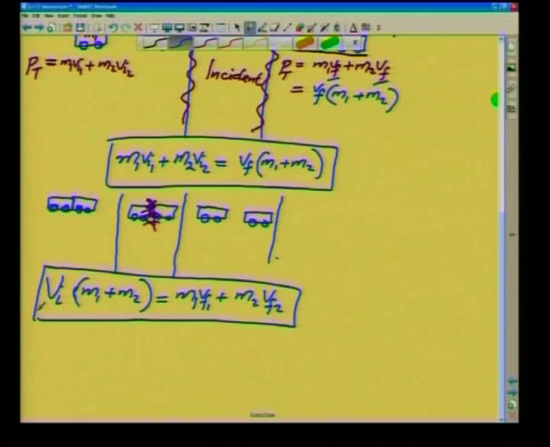They were together in the beginning and they separate afterwards. So this is a situation where we're talking explosions. That is how we can understand the principle of conservation of momentum.